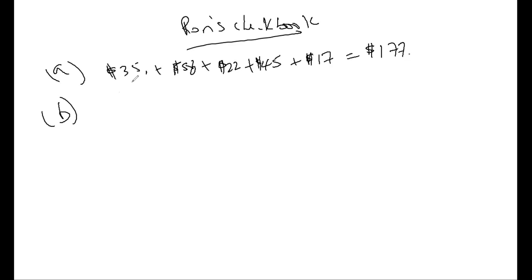B asks us to find the expected value. It says, what is the expected value of payments for the 5 checks outstanding? So in other words, what is the average amount likely to be paid of the 5 checks outstanding. So in that case, we have to find the expected value.